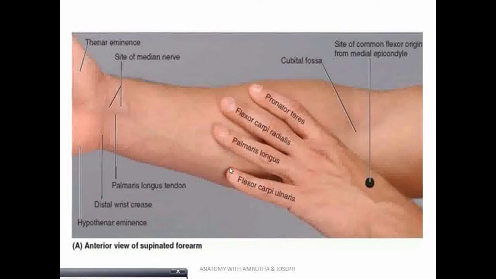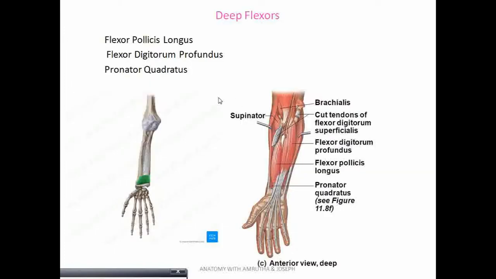Another muscle that you can remember is flexor digitorum superficialis, which lies a little deeper to these four muscles. Deep flexors are flexor pollicis longus, which we have already seen, flexor digitorum profundus, and pronator quadratus.